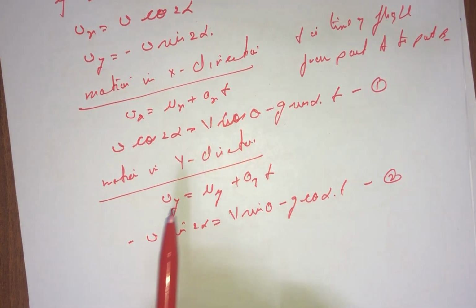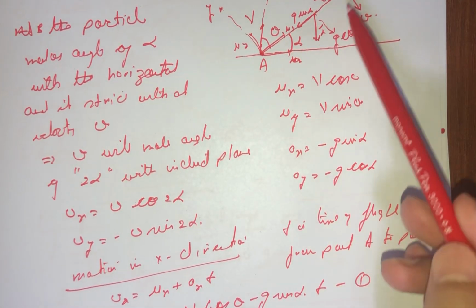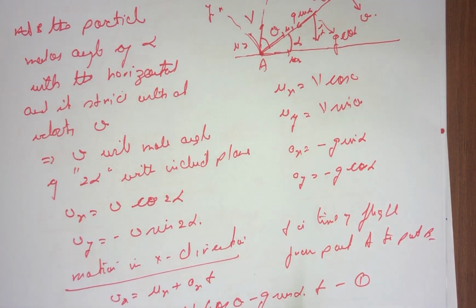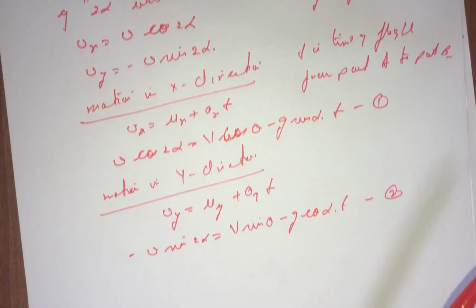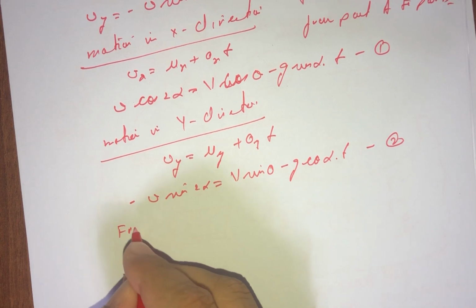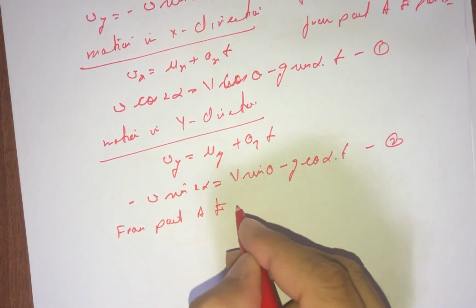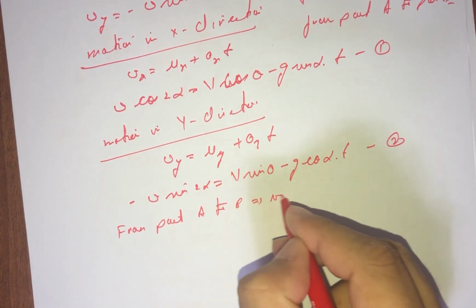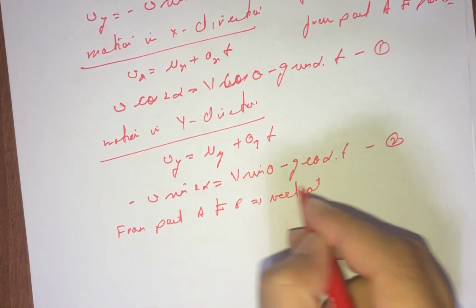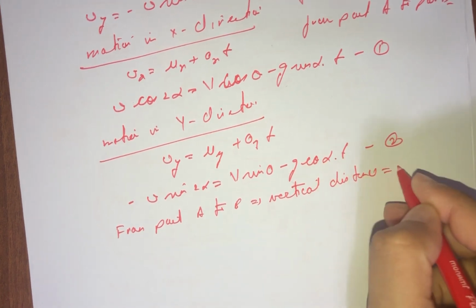Okay, when the particle travels from point A to point B, the vertical distance is equal to 0. So we can say that from point A to B, vertical distance is equal to 0.